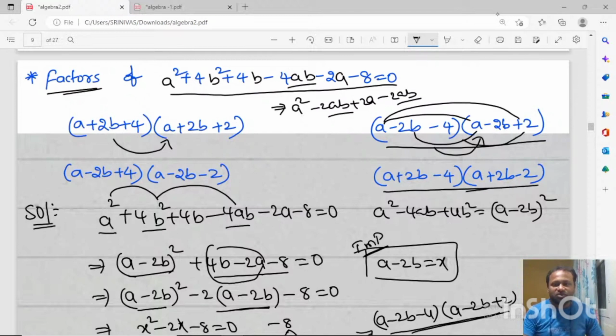If the option is the fourth one, you have to do all these multiplications. Asha, I think you got it. So two methods are there. First method is by doing the problem, or second method is multiply. Certainly you will get the answer. See, a square came, minus 4ab came, and the remaining will also come. Understood?